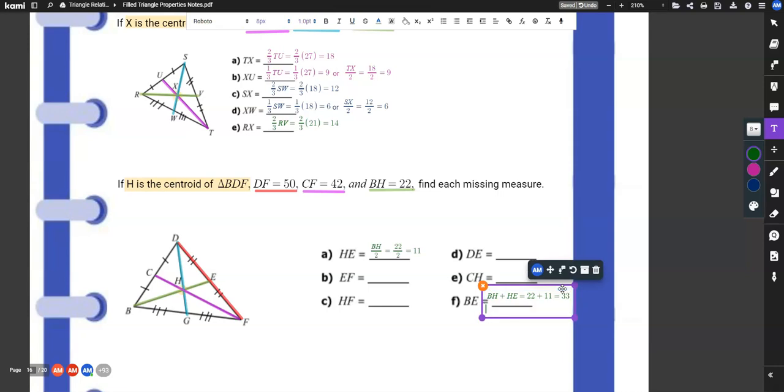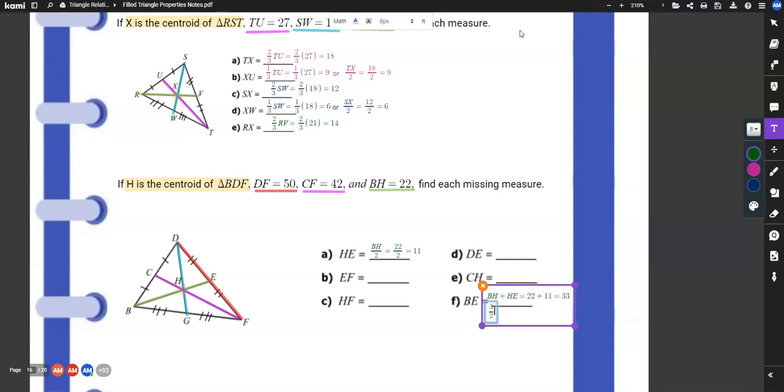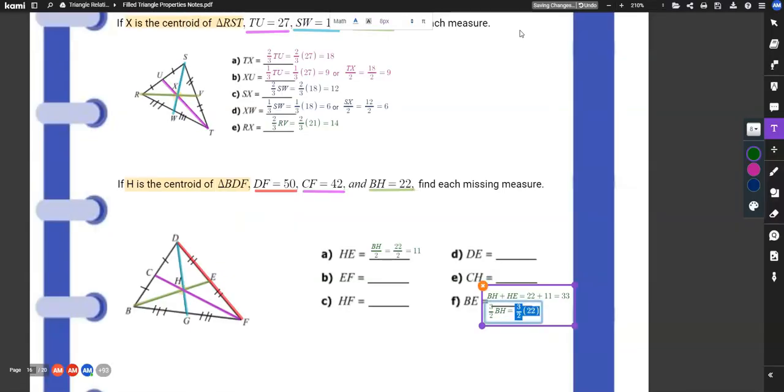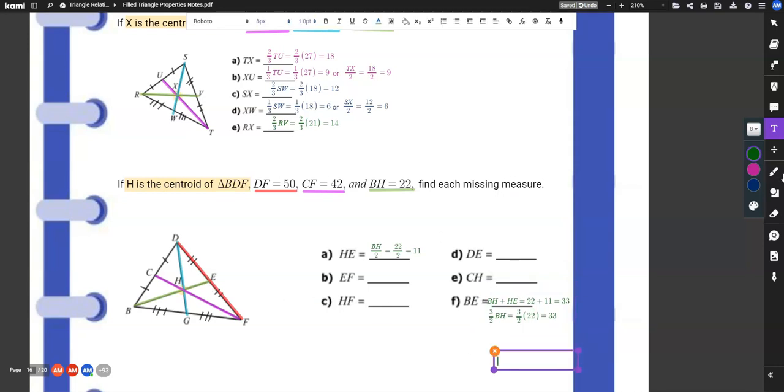I am going to actually show you, though, we could say that BE is equal to 3/2 BH. So we'd have 3/2 times 22. I'm going to highlight that and put it through the calculator. We get 33. So either way, but personally, I would use the knowledge that the two segments can be added together.